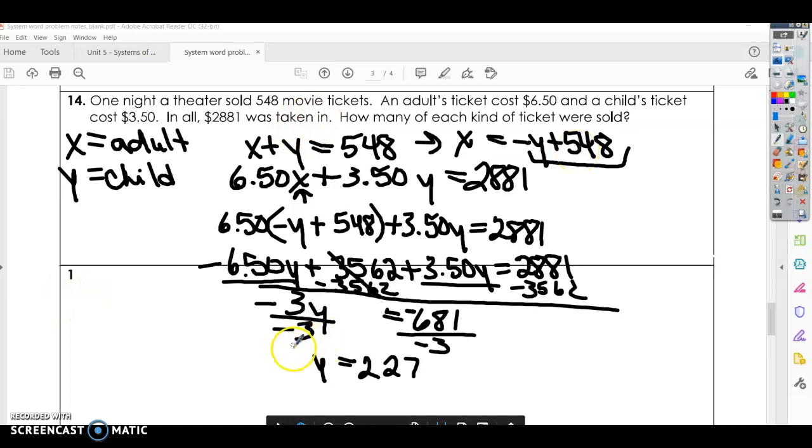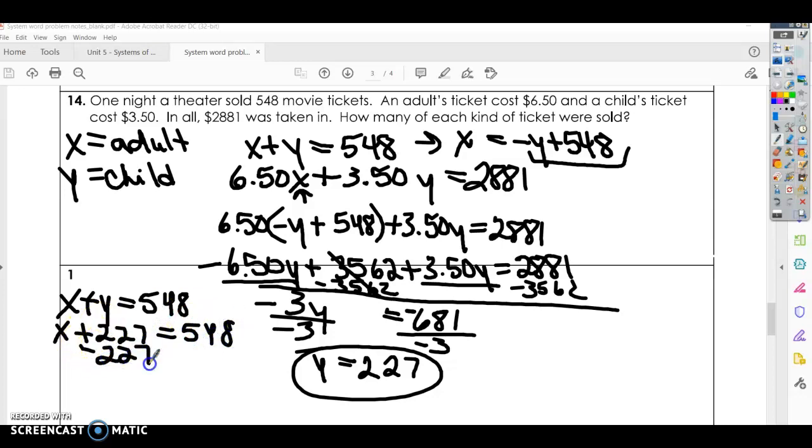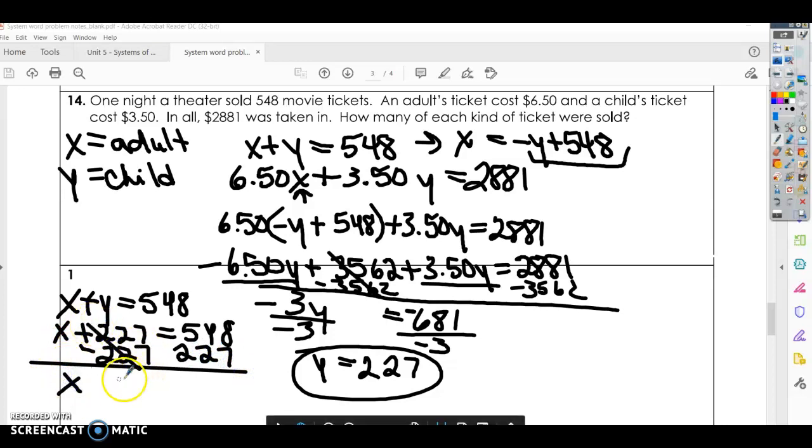So I'm going to say x plus y equals 548. Now we know that y is this, so x plus 227 equals 548. I'm going to subtract 227 from both sides. So that becomes 321.